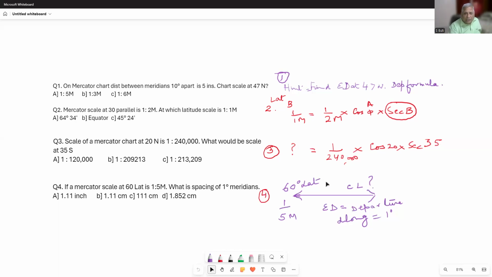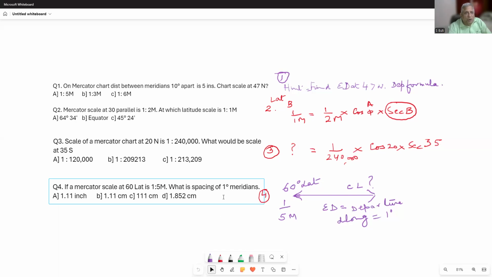So at 60 degrees, find out the Earth distance by departure. Scale is given to you, and he wants to know spacing. Distance between the two meridians on the chart is called spacing. In other words, he wants the chart length.